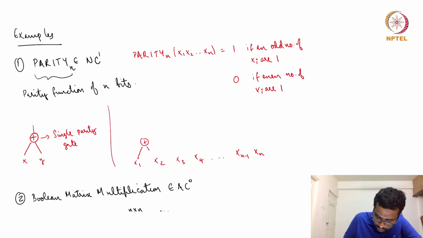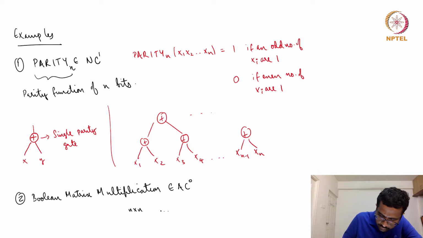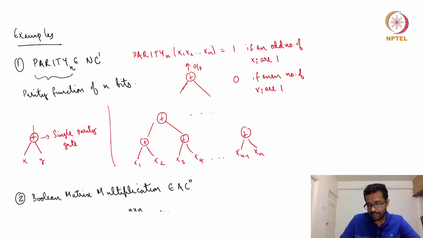So you could have some construction like this, finally culminating at the output. So this has depth order log n because each parity gate has a constant size.